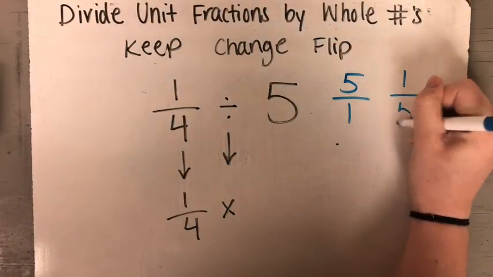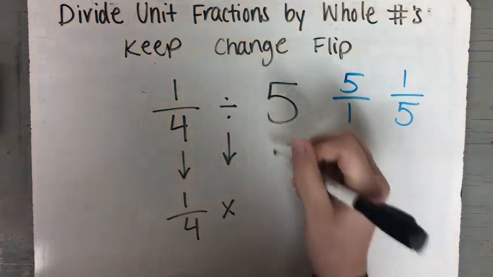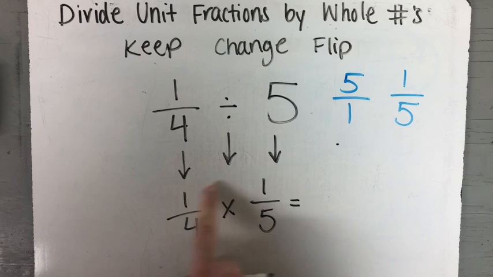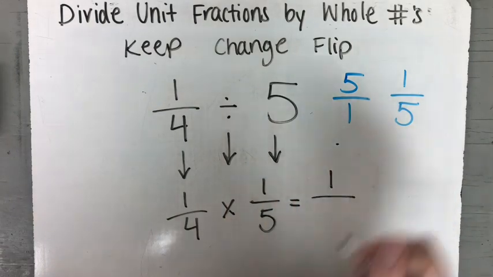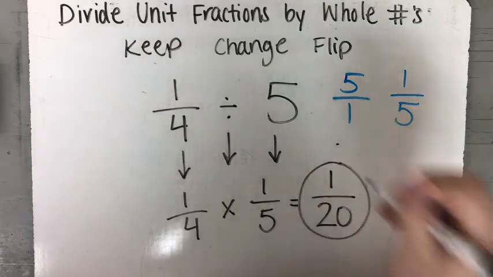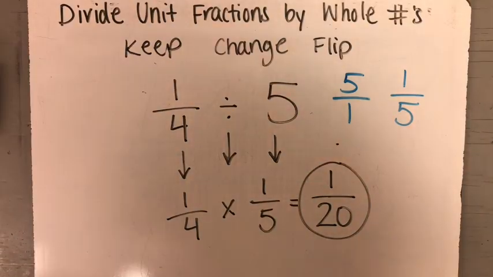Turns into 1/5. Multiply your numerators, multiply your denominators, and you get 1/20 as an answer.